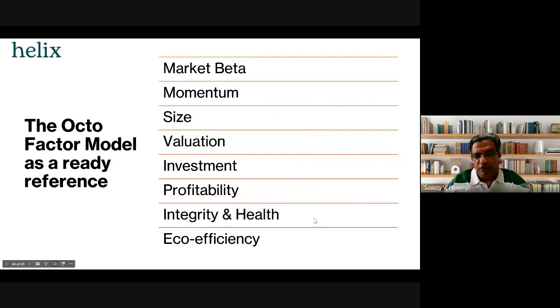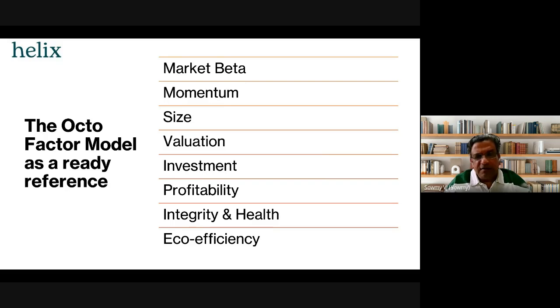Right. So the octofactor model is pretty much a ready reckoner for us. We kind of know market beta. We first of all looked at the beta factors, and which particular benchmark to use in order to identify this.